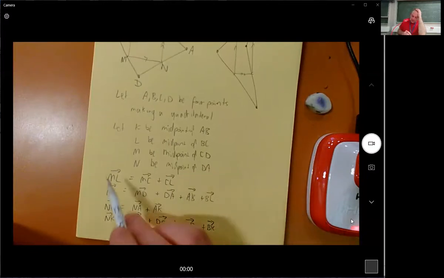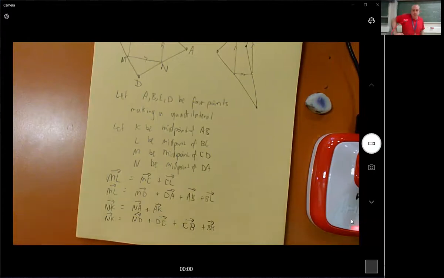I mean, I need to show that this is the same as this. I haven't used the fact that they're midpoints yet, so that might help.